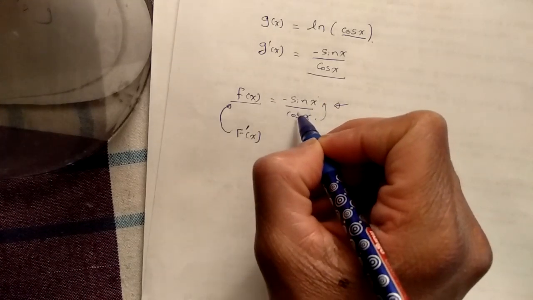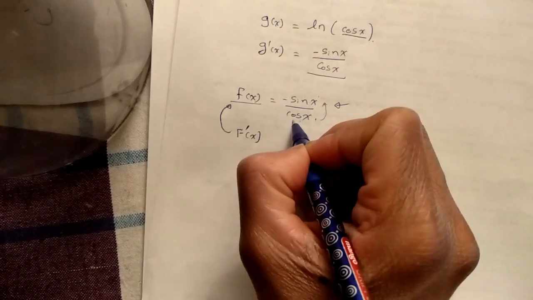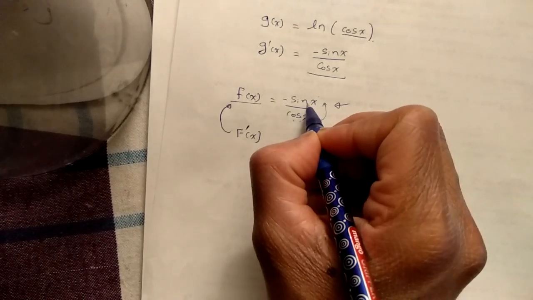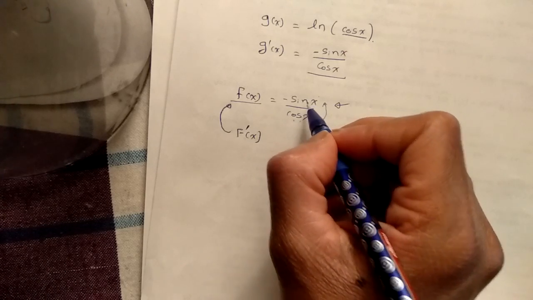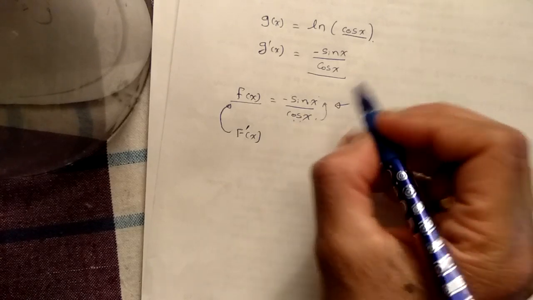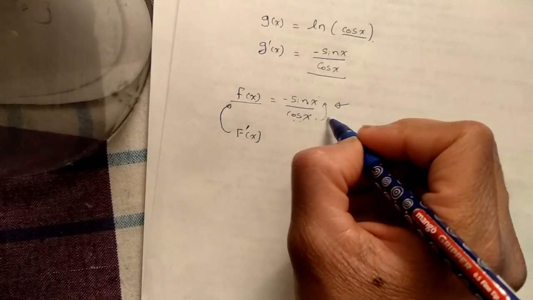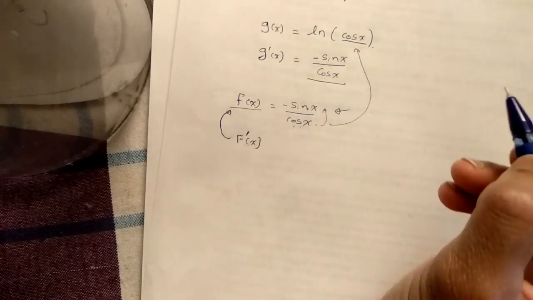The derivative of the denominator is in the numerator. So if you have such a property, you can directly relate that one with the derivative of the ln term.